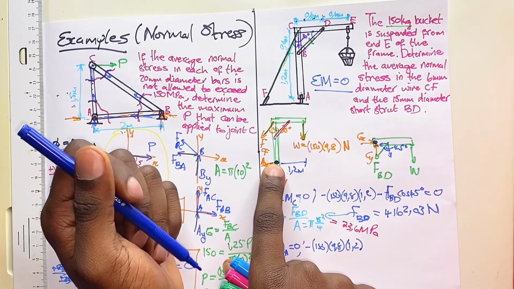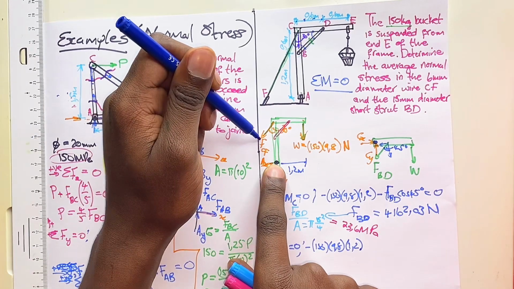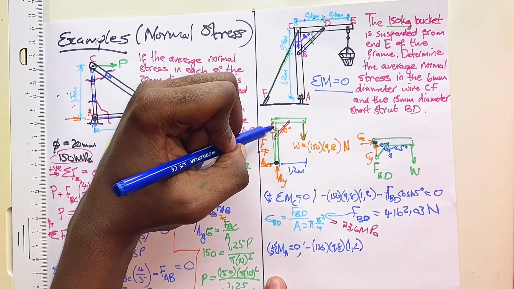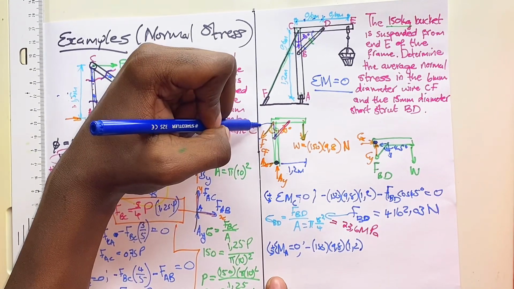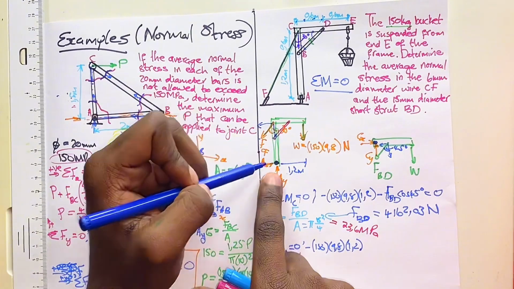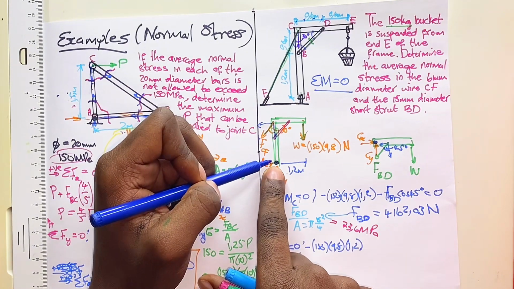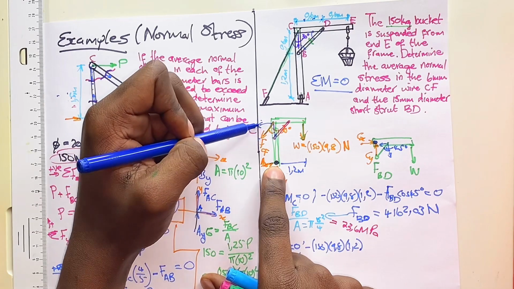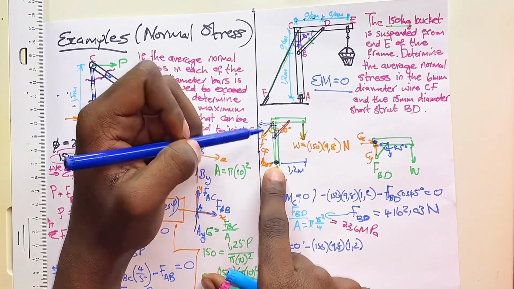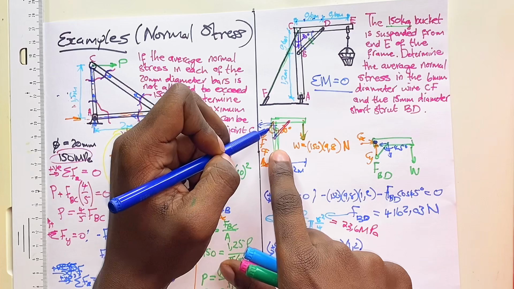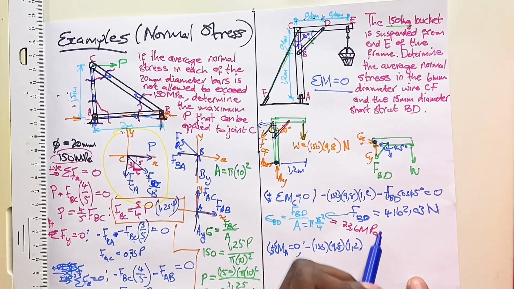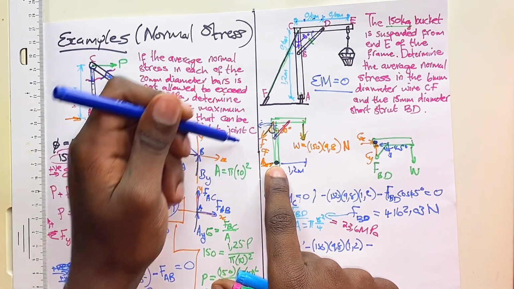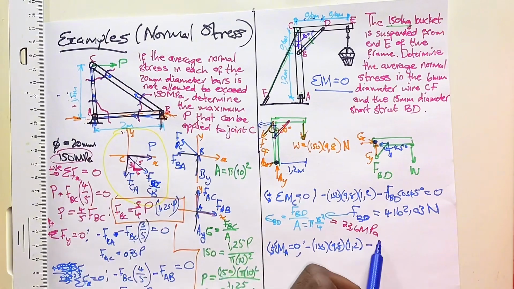What other forces? Now another force that we have is CF. Now CF has components in the y direction and the x direction. Now about A, the component that will cause a rotation moment will be the x component of FCF. So we know that it's acting at 30 degrees, so it will cause a moment that is anti-clockwise, therefore it will be positive.